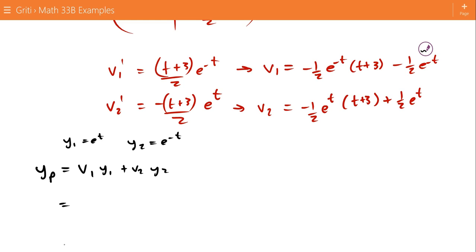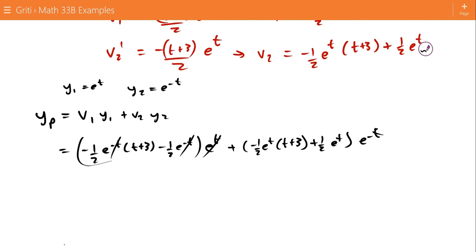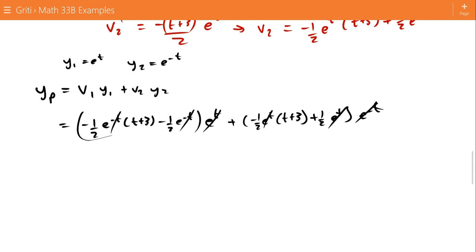So this gives us v1, we plug in v1, and y1, we plug in v2 and y2. This e to the t will cancel with the e to the negative t, and this e to the negative t will cancel with this e to the t.